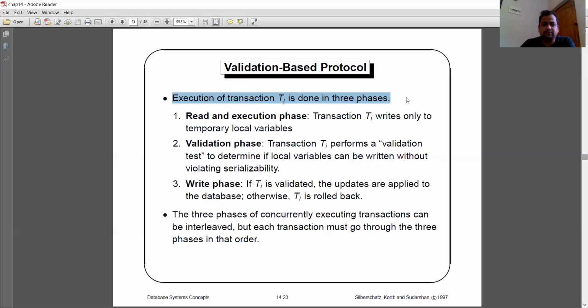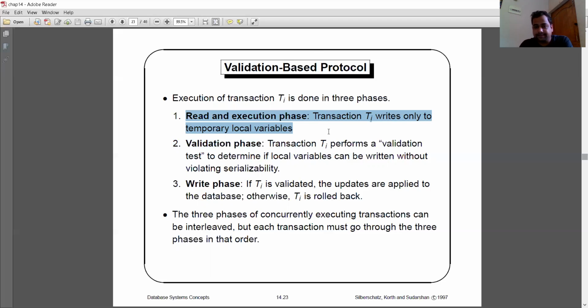As we know, there are 3 phases: read and execution phase, validation phase, and write phase. We have to read and execute, we have to validate, and we have to perform the write operation. So any validation based protocol has to follow these 3 phases: read and execution phase, validation phase, and write phase.